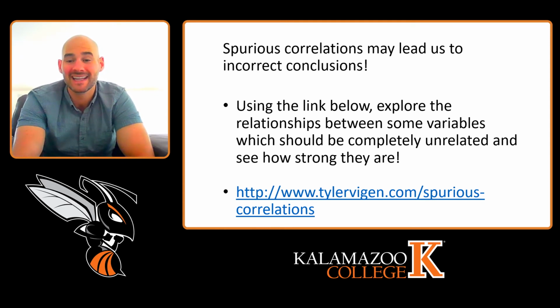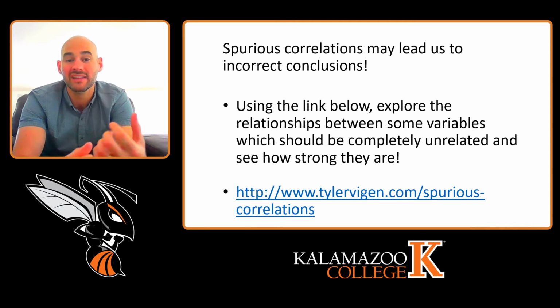We don't think that increasing more butter or margarine causes the divorce rate in one particular state to go up or go down. They aren't related, and without a model, or in our case, just basic intuition of how divorce operates and how margarine operates, we know that they're not related.